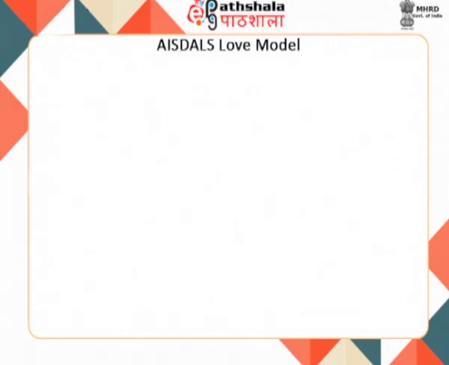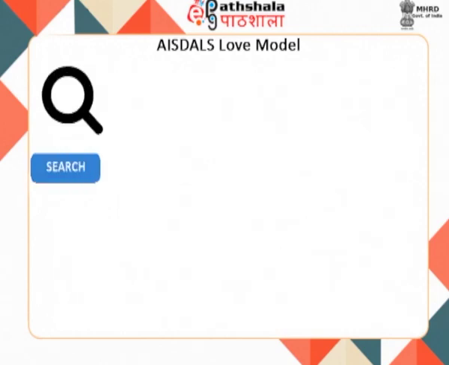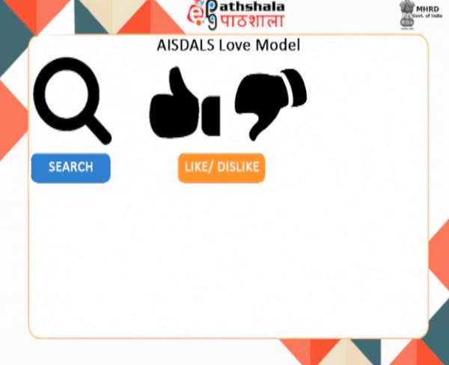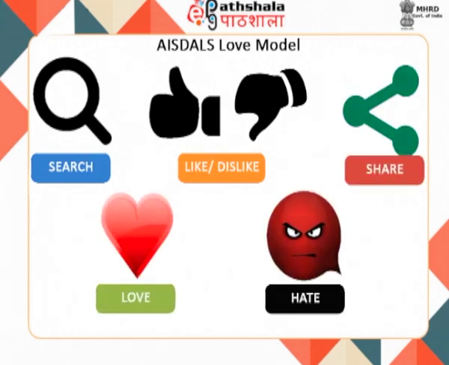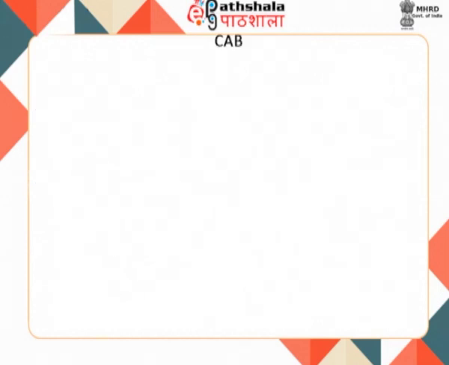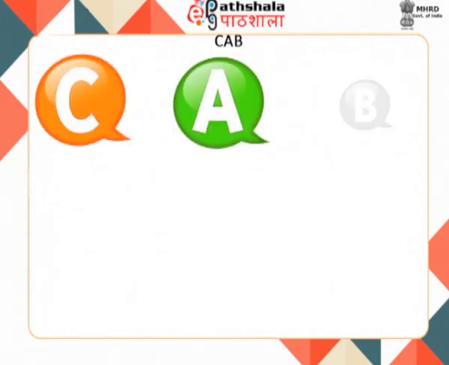Another developed concept is AISDALS, the love model, where new elements such as search, like or dislike, share and love or hate as long-term effects have also been added. One significant modification of the model was its reduction to 3 steps, CAB.